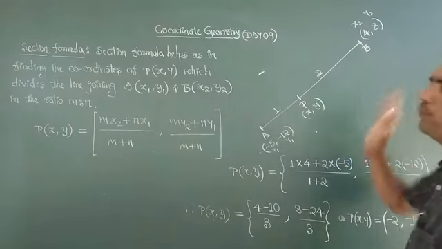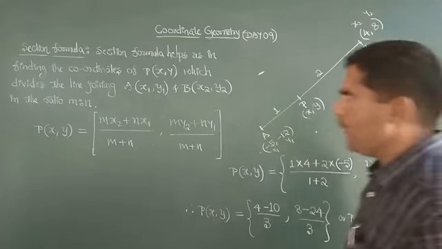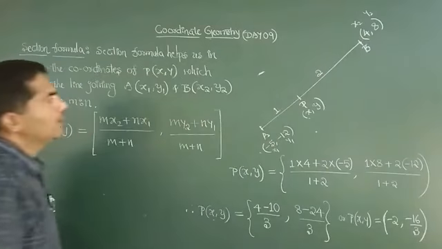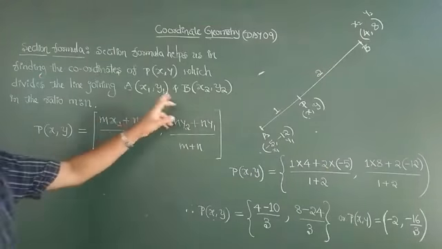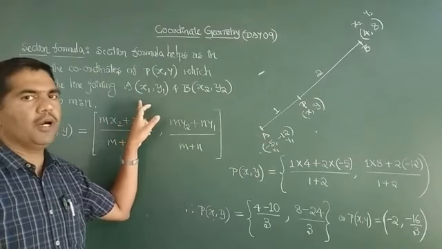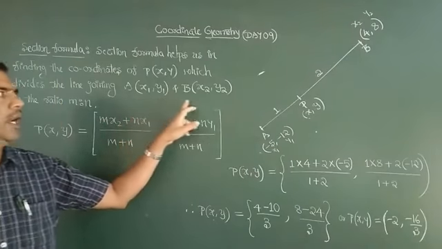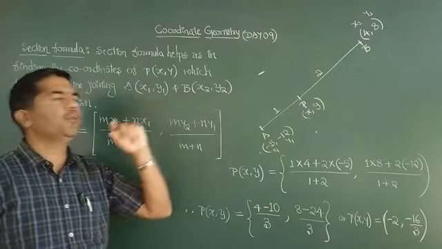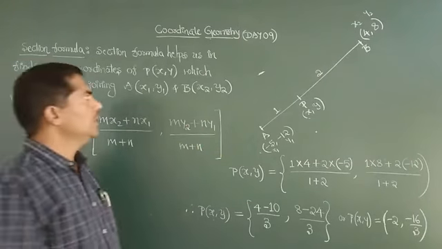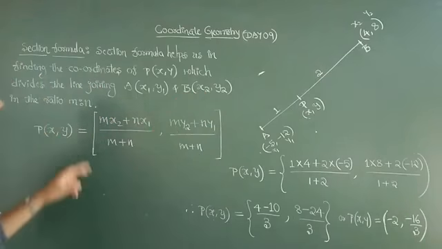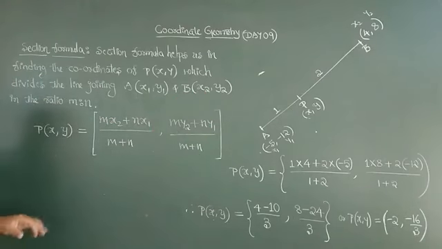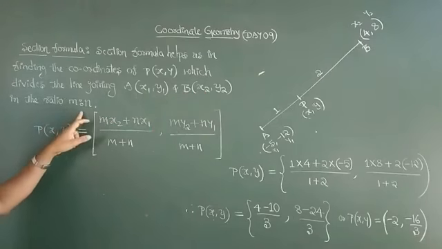which will divide a given line segment in a particular ratio. Let us imagine there are 2 points A and B, A with coordinates x1, y1 and B with coordinates x2, y2. The line segment joining these points is divided in the ratio m:n.